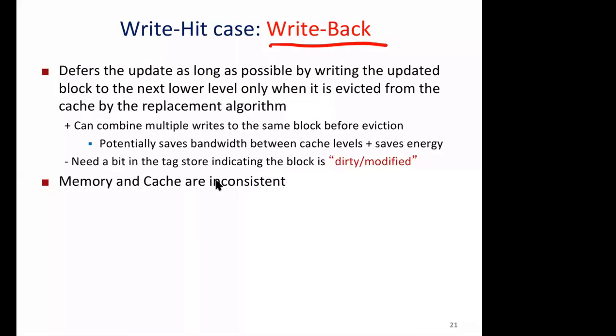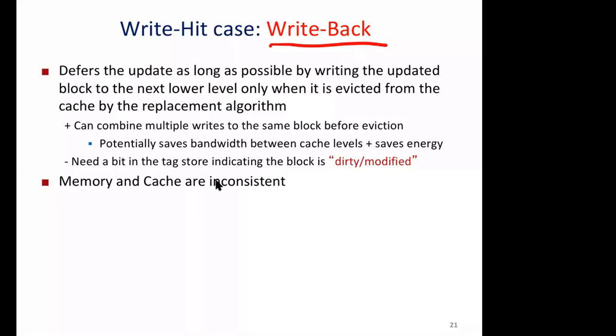If there are multiple writes into that location, the location in the top level cache will continue to be updated until this particular block at the top level cache is removed for some reason. Maybe some higher priority task comes and this particular block is not used for some time. When it is evicted, then you write it into lower levels.